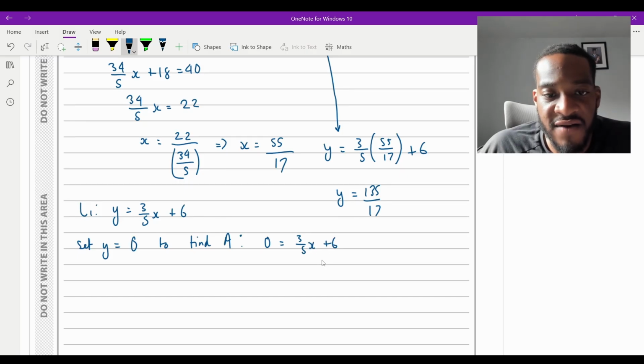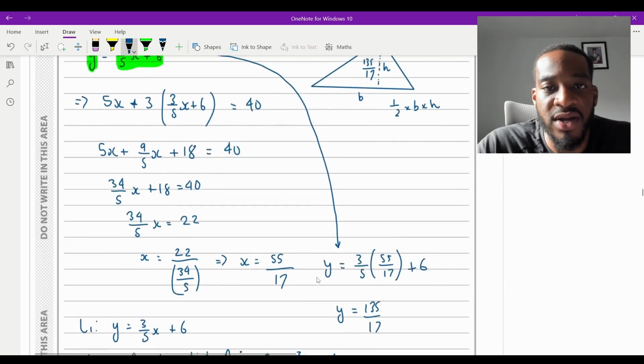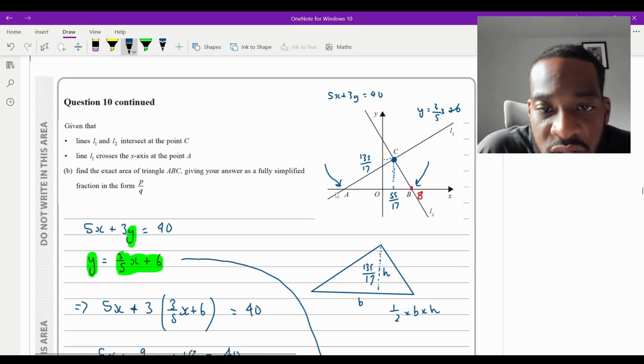Moving that over, minus 6 is equal to 3 over 5x. Times by 5, minus 30 is equal to 3x, divided by 3, x is equal to minus 10, isn't it? So the point A just has an x coordinate of negative 10.